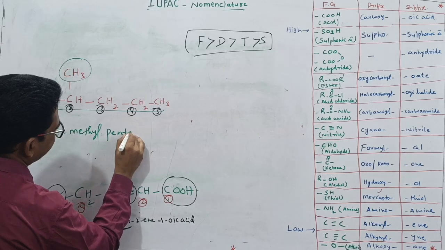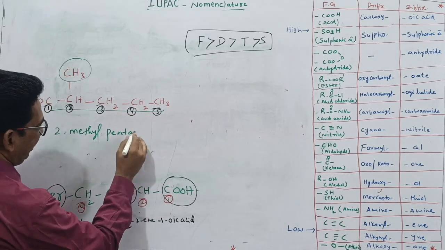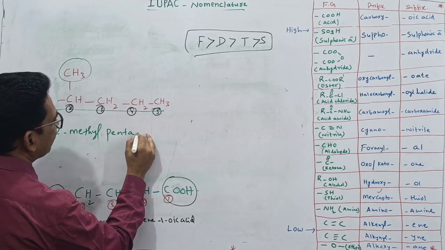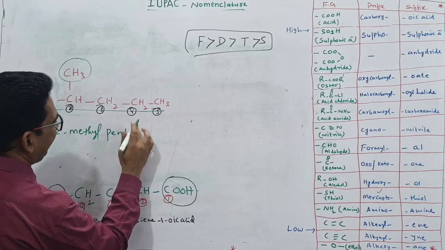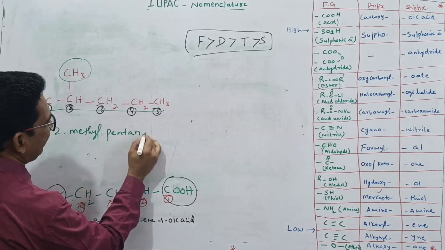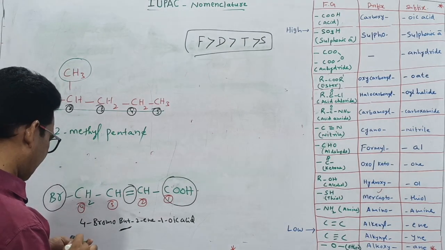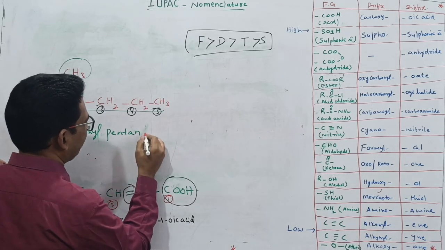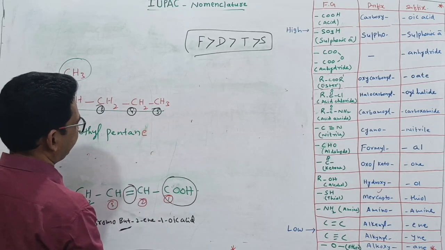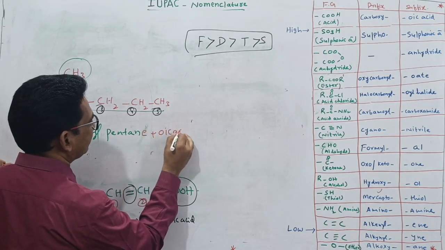Pentane, माइनस ई निकाल दिया, नहीं लिख रहा हूं. Plus oic acid. पेंटेन. आई एम नॉट राइटिंग द माइनस ई, निकाल दिए. क्यों? यहाँ पे और एक रूल है. So pentane plus oic acid.